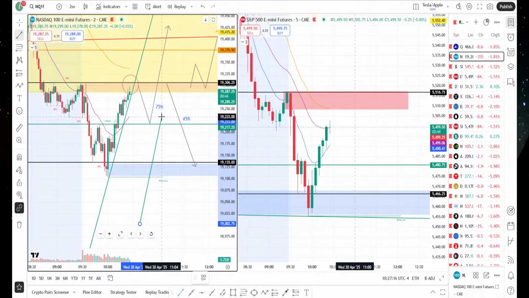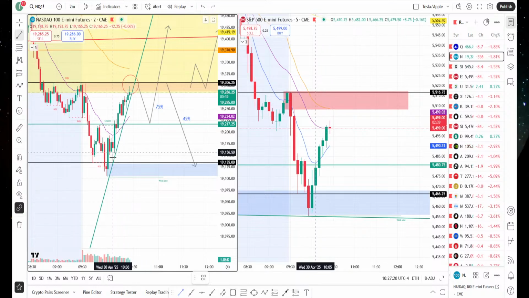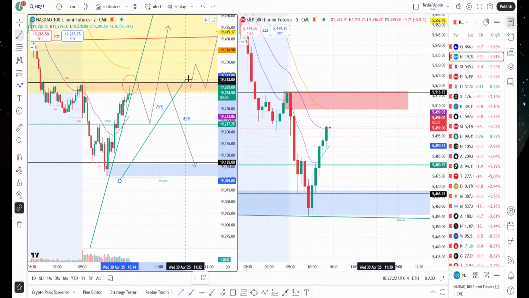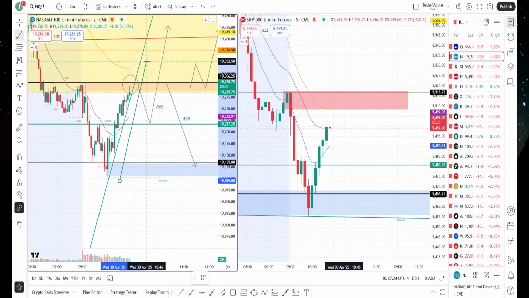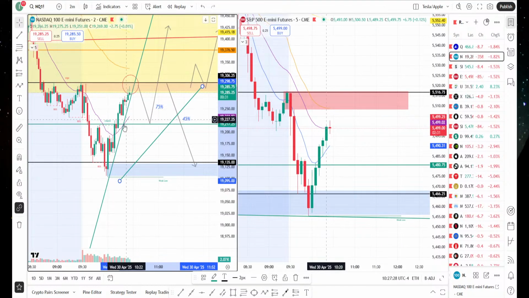It has a slight, right? So this is strong, right? If this move up was more like this, instead of like this, then it wouldn't look as strong, right? So you have to be careful selling here.